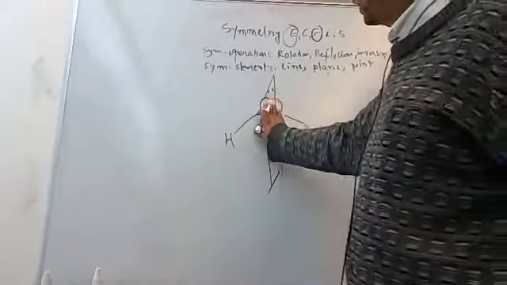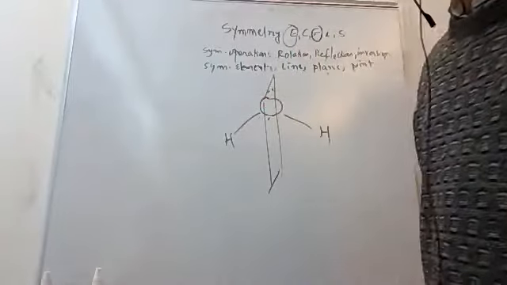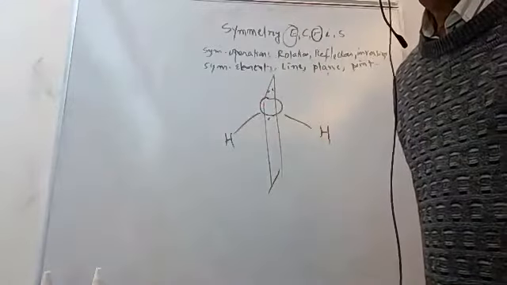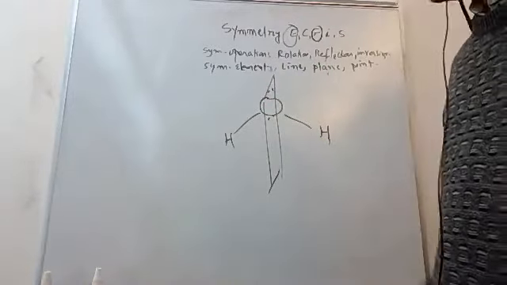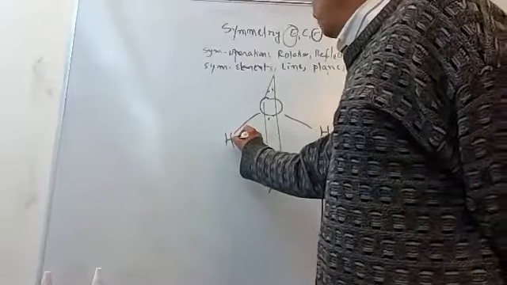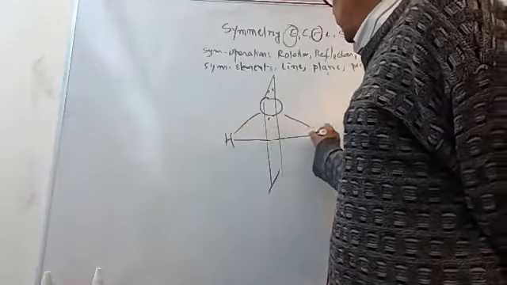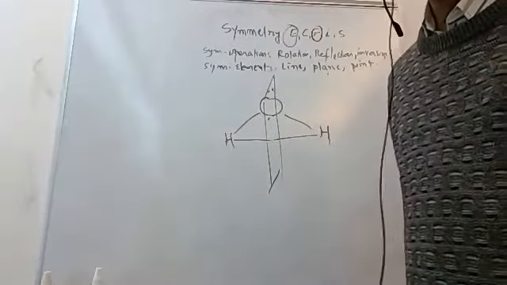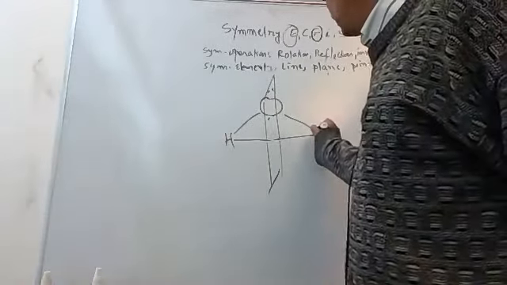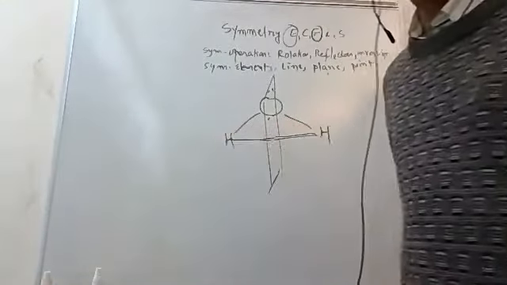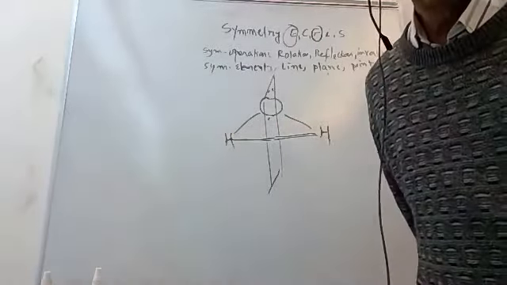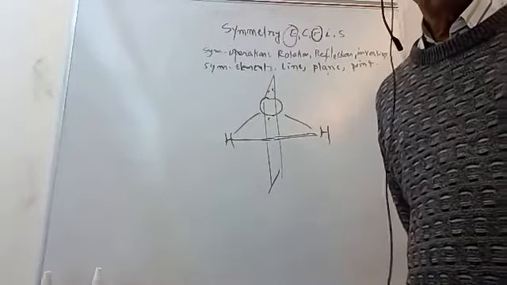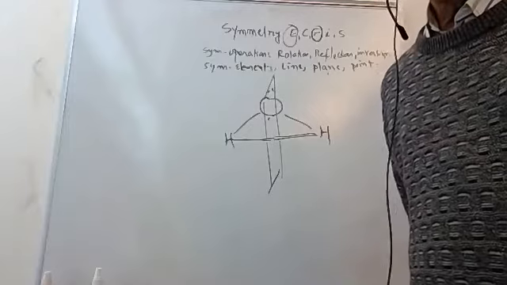The plane extends towards me and behind the board, and the hydrogen atoms are on both sides. So this is a reflection plane because if I draw a line from this hydrogen to the plane and extend it to the same distance to the other side, I get exactly the hydrogen atom. And if I do the same operation for this hydrogen, I get the same thing. So we say this is a reflection plane. Am I making sense?